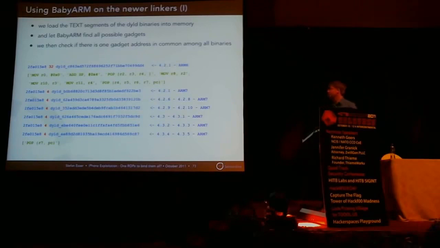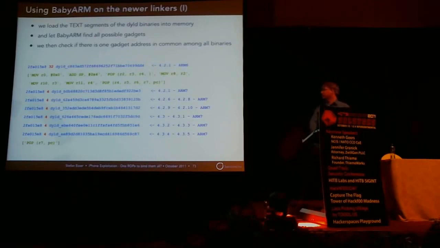So you see this first gadget, if you use it, will allow you to distinguish between the ARM version ARM6 4.2.1 and all the others, because the ARM6 one will load the program counter from position 32, and all the others will also have a valid gadget there, and they will load the program counter from position +4, because it's the R7 PC gadget.